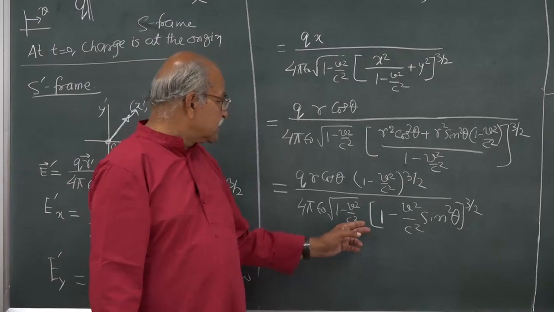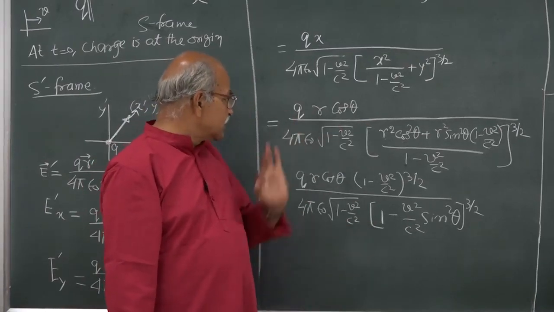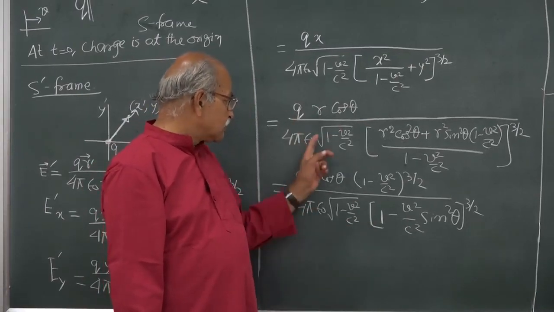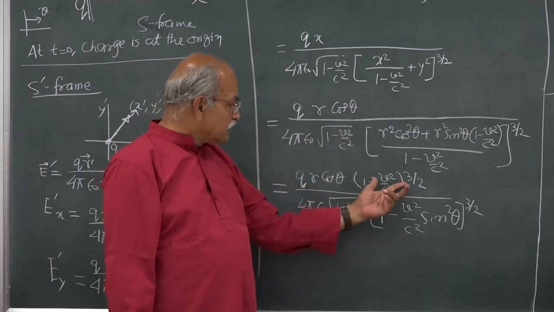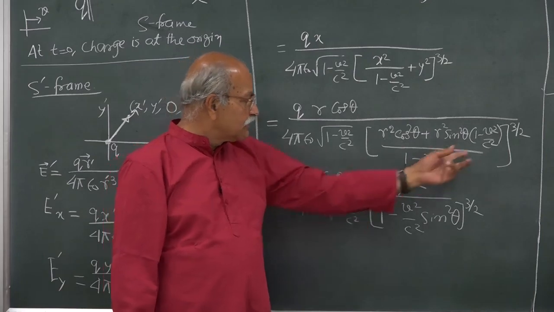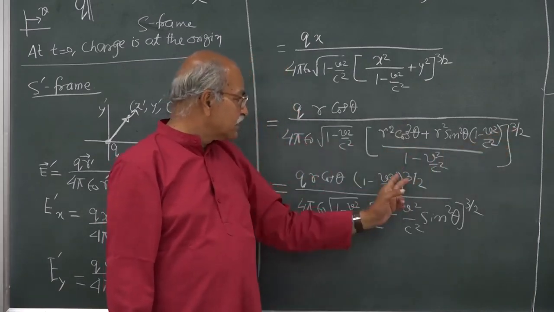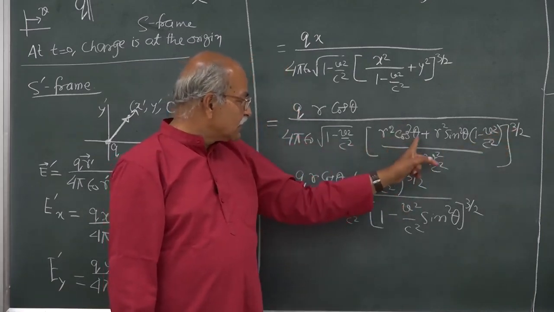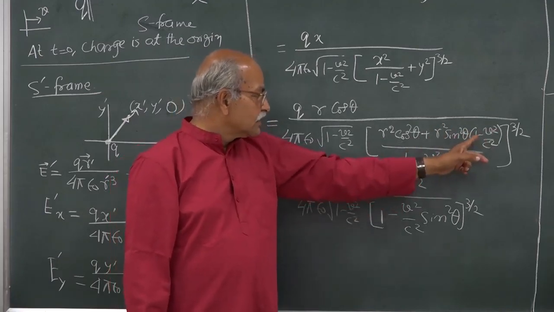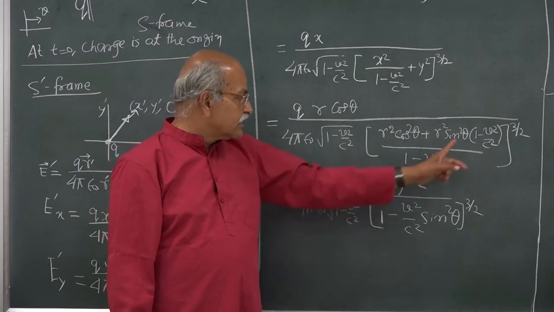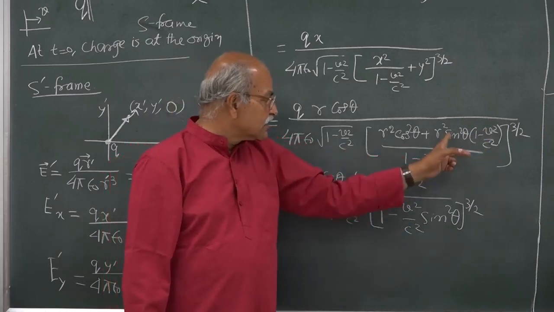Okay. So, let us check once again. Q r cos theta is here, 4 pi epsilon naught square root 1 minus v square by c square is here. It is coming from this denominator to the power 3 by 2. So, that goes up here. Then you have r square cos square theta, open this bracket, the first term is r square sin square theta, that adds to 1, and the second term is minus v square by c square sin square theta.